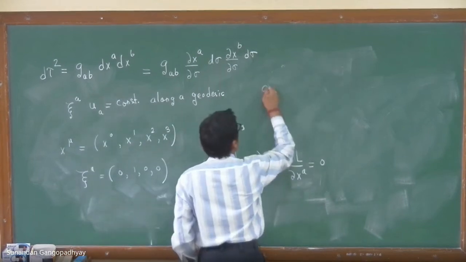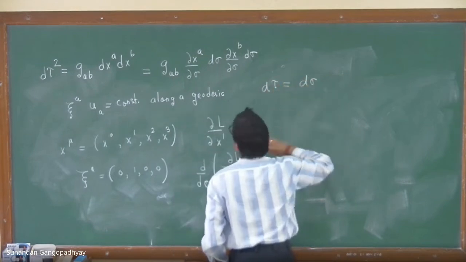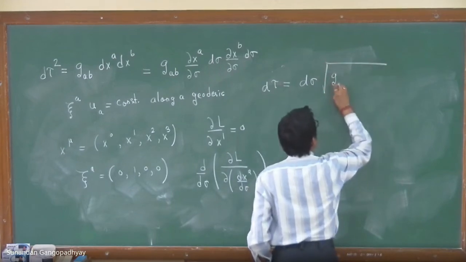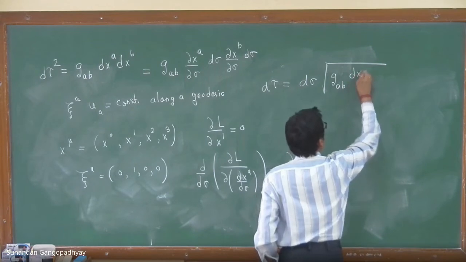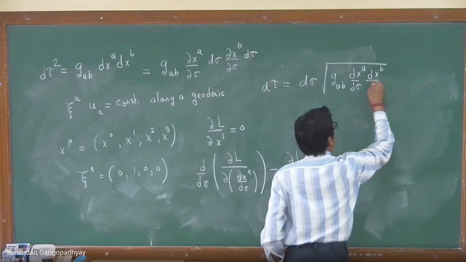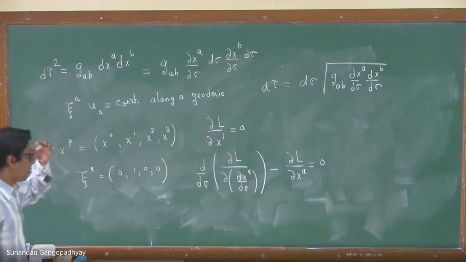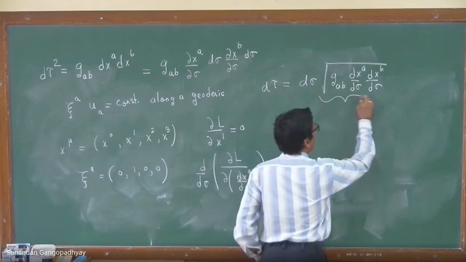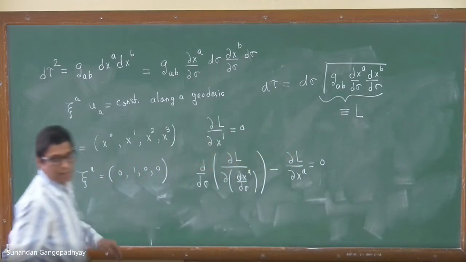And from here, you can write this as u tau equal to sigma. This was my Lagrangian.